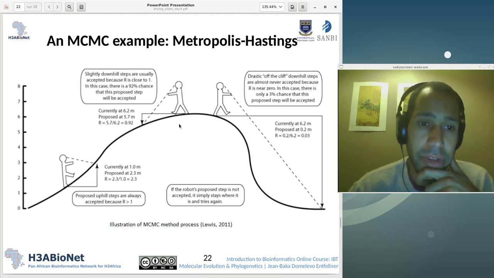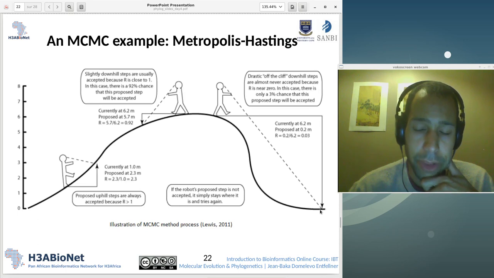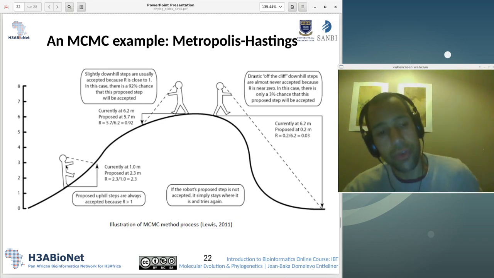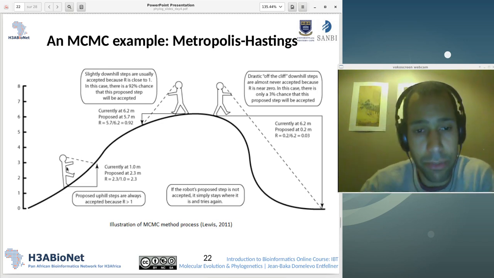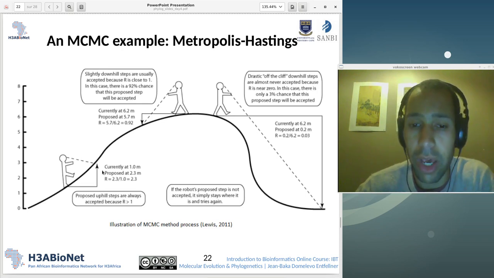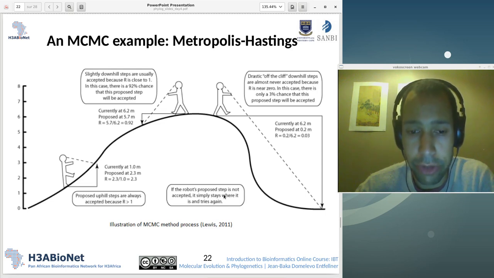So an MCMC example is the Metropolis-Hastings method. So imagine you're here, you throw many small agents, individual agents, and these individual agents have a rule that they follow in order to know where they're going to go next, where they jump.